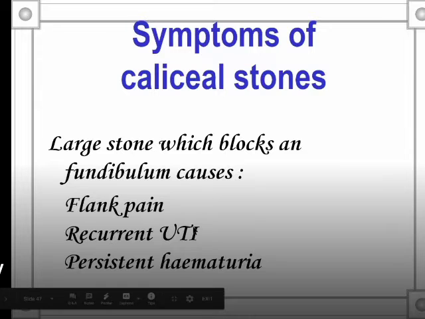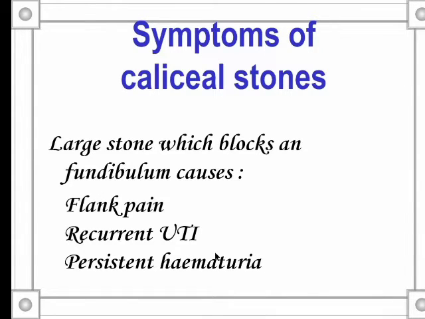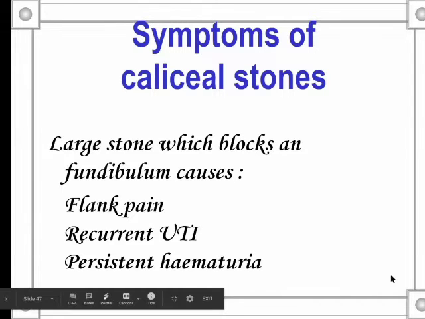Flank pain, and any obstruction will cause recurrent urinary tract infection and irritation. I told you that when these are mulberry type of stones, they cause this irritation of the epithelium. So they will cause hematuria and symptoms.